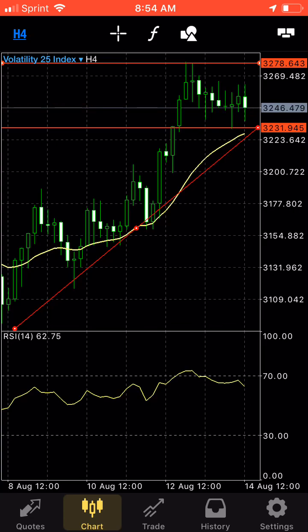Now if you look at your relative strength index, it is already at 62.78. It got to the 70 marker and retraced back a little bit. The information you can get from the relative strength index is that market is not overbought, so there's no point for us to start looking to buy.